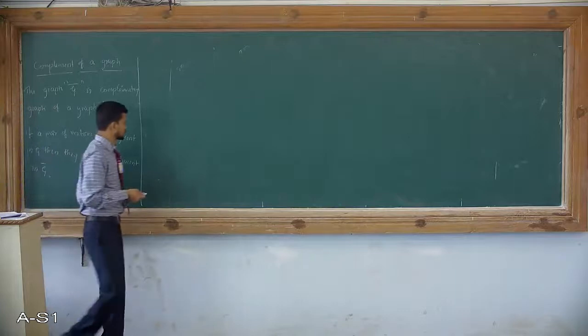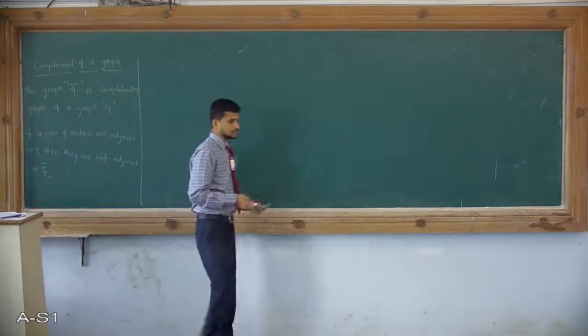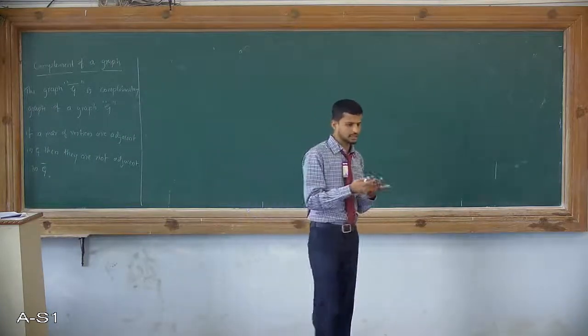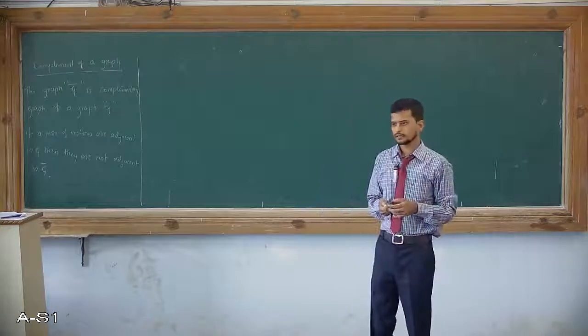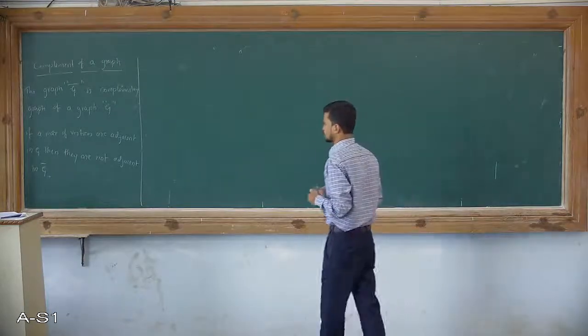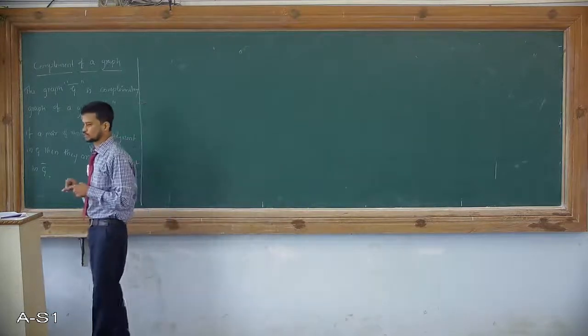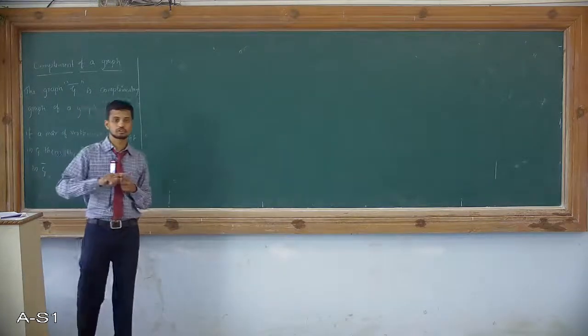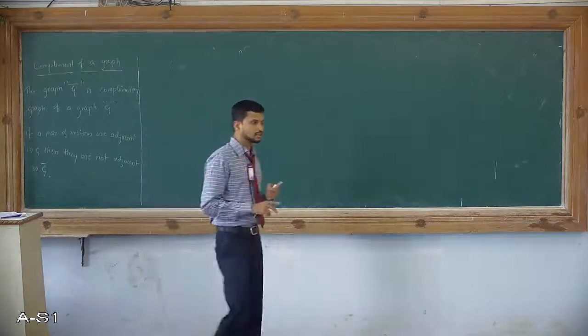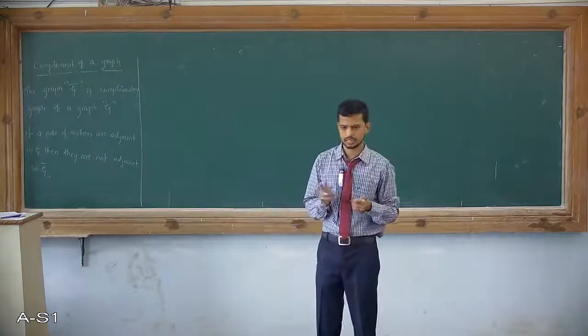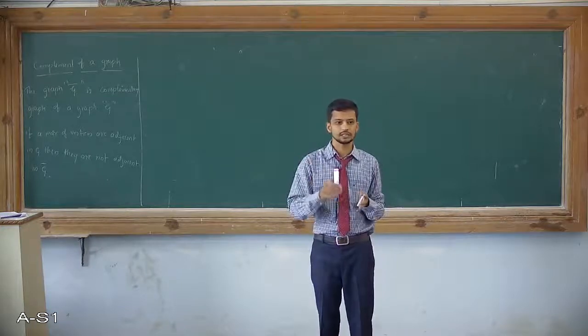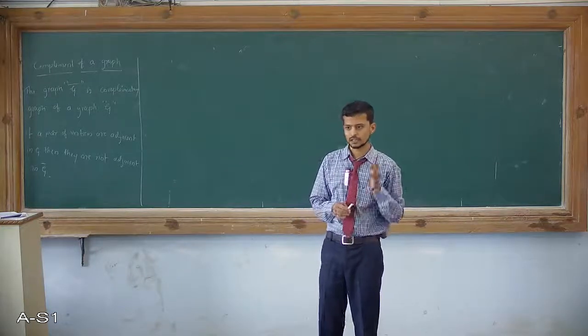So according to this definition, we have taken two graphs G and G bar here. If a pair of vertices are adjacent in G, the same pair of vertices are not adjacent in graph G bar. Then I can say G bar is a complementary graph of graph G.